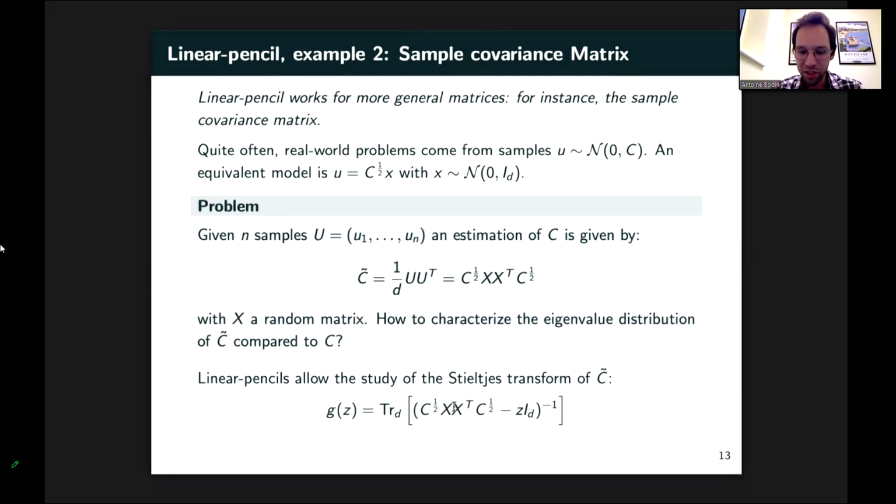To make things simpler, I won't really tackle this specific case, but I will instead calculate X transpose C^(1/2) X. So it's like the reverse expression, but there are some very easy formulas to get back from one to the other.